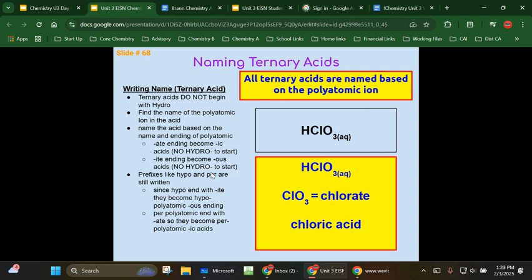Hydrogen in the front, AQ at the end. Now, how many different elements here total in this compound? You're going to name it based off of the polyatomic on the back of your sheet there. And your polyatomic has to end in ATE or ITE.